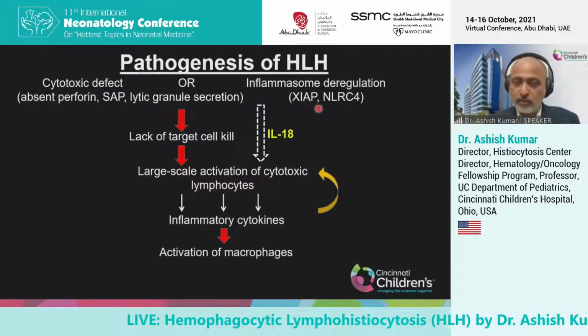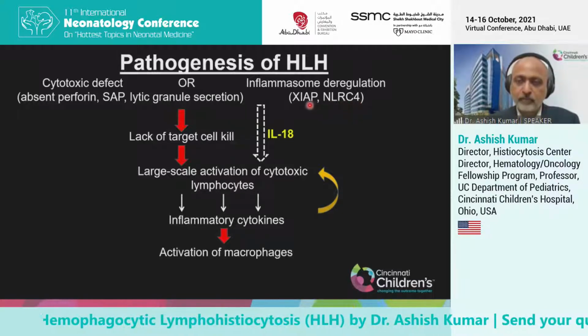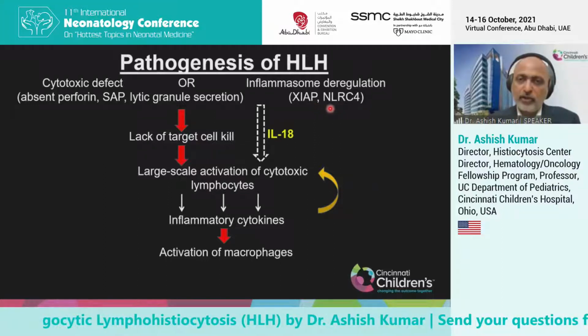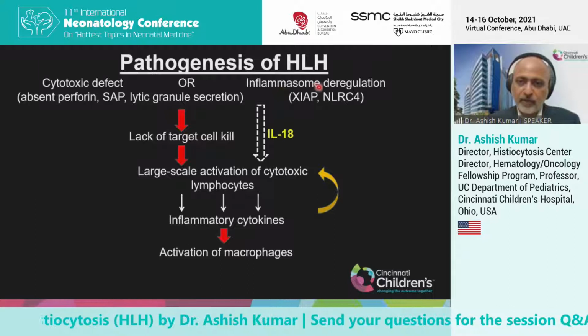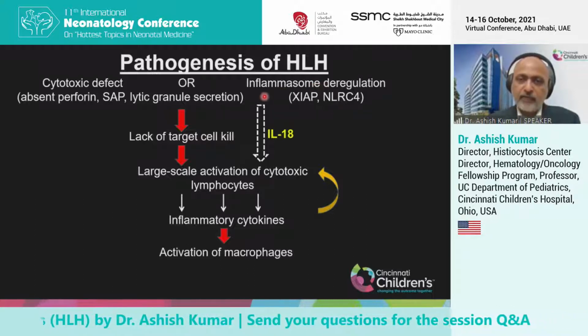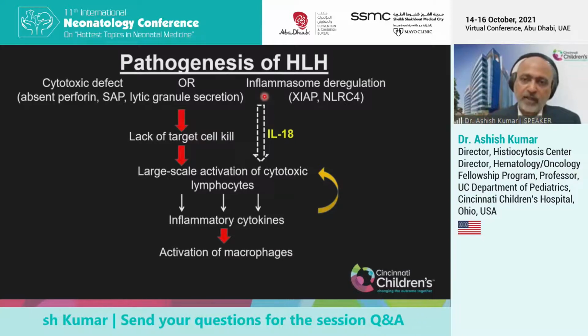We now also know that the second X-linked gene that I mentioned, called XIAP, and there is another one that was described recently in the literature called NLRC4, control a new type of organelle in the cell called inflammasome. We all need inflammasome to protect us against viruses and bacteria by just upregulating inflammatory systems in our cell.